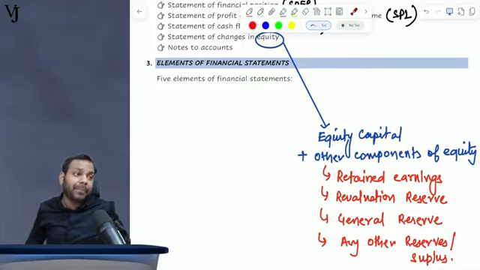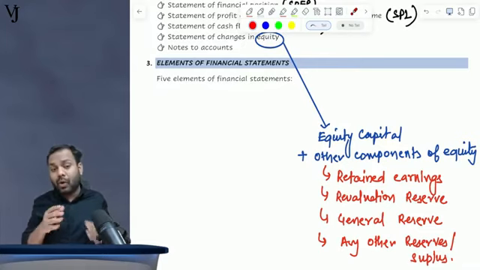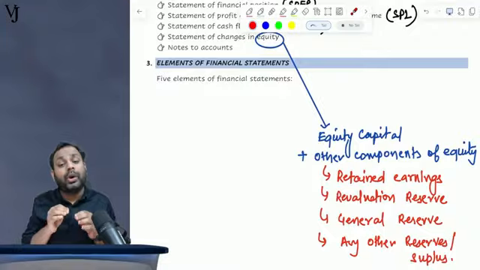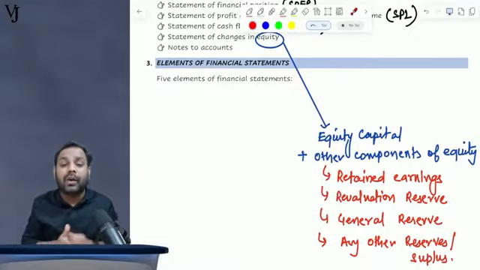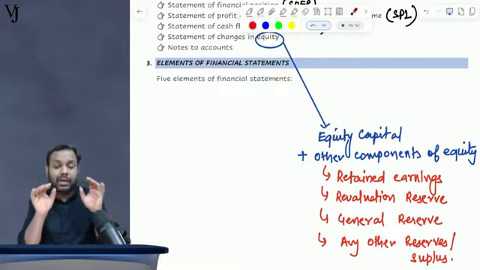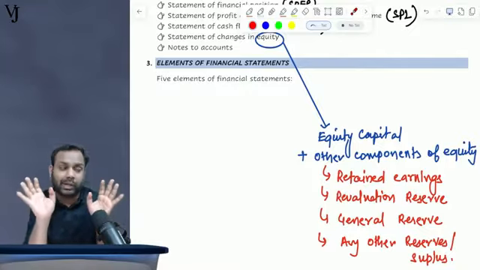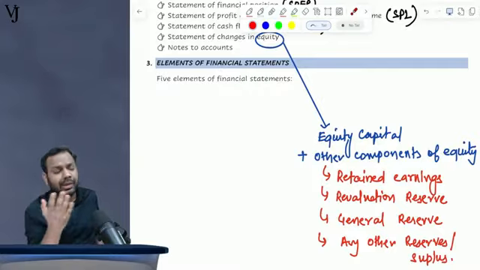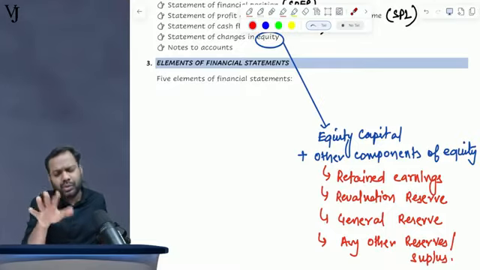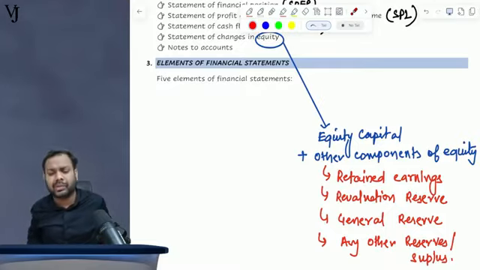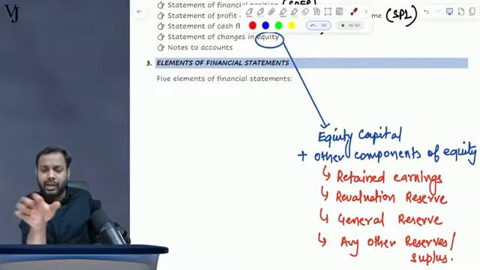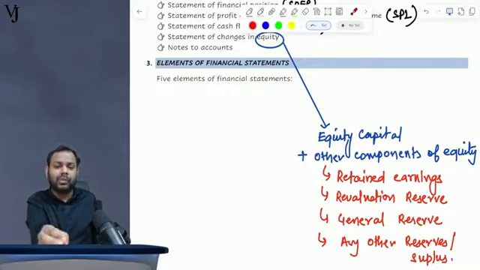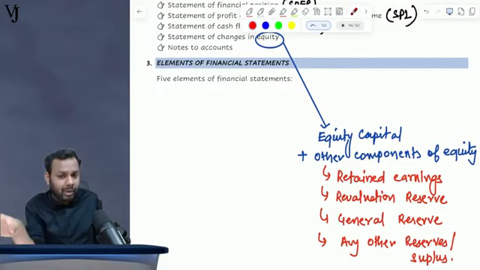Guys, again I'm telling, the whole intent of this session is to make you familiar with these terms. For SBR students, I do understand that you would have heard these terms sometime or the other. But in my classes, I will assume that you have zero idea about the subject.